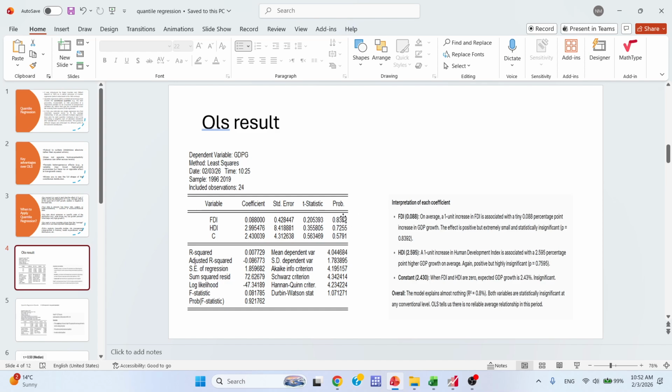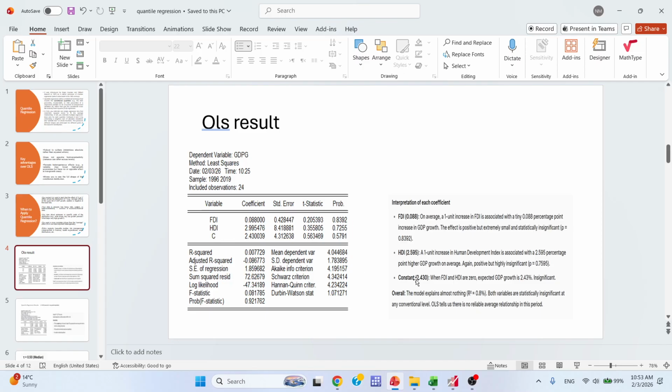If the p-value is less than 0.05, then our variable is significant. In this scenario, both the FDI and HDI p-values are greater than 0.05. So in the OLS result, FDI and HDI both show a positive effect, but they are not statistically significant as their p-values are greater than 0.05.